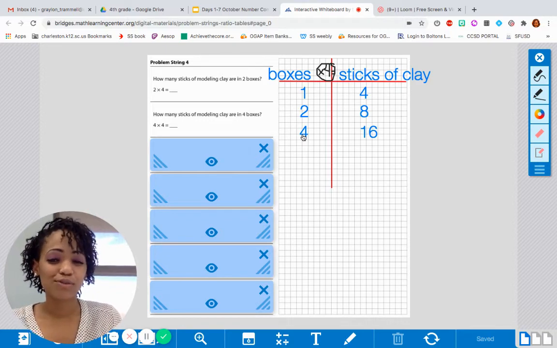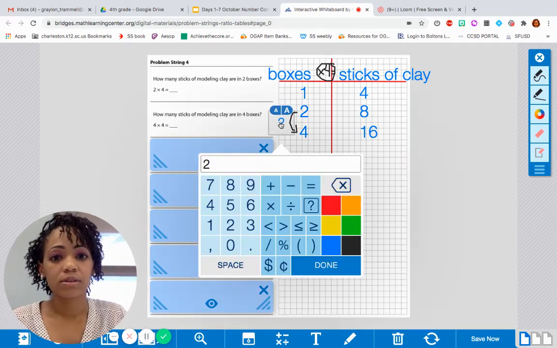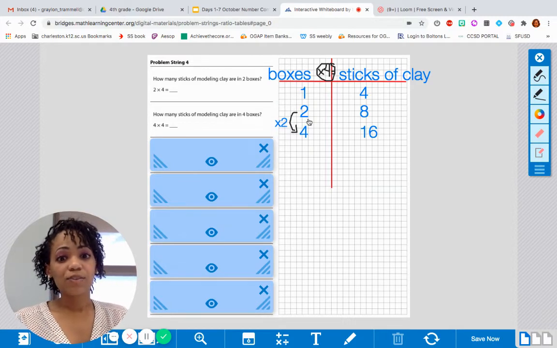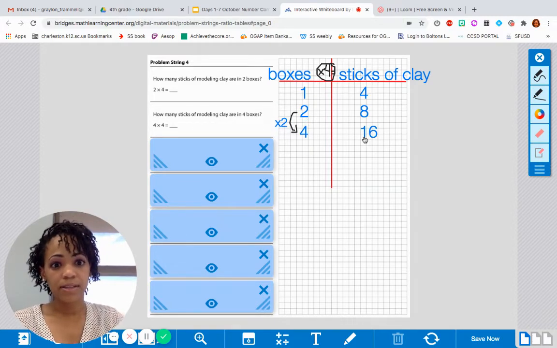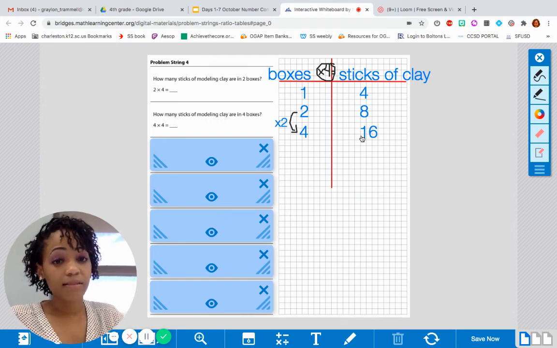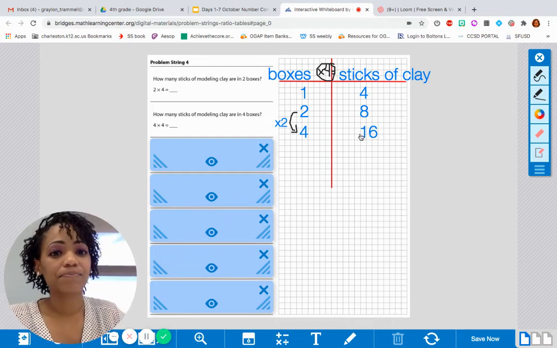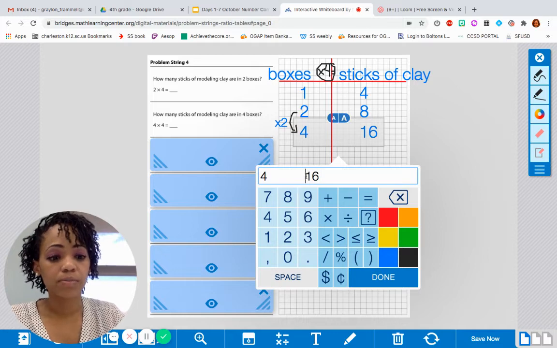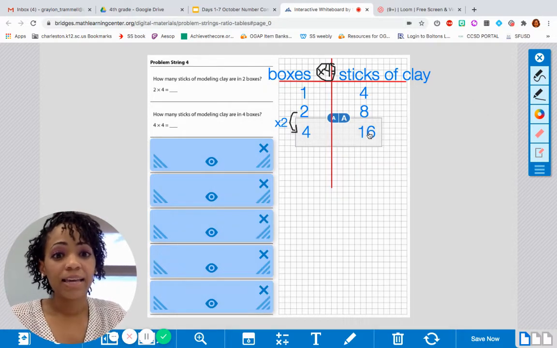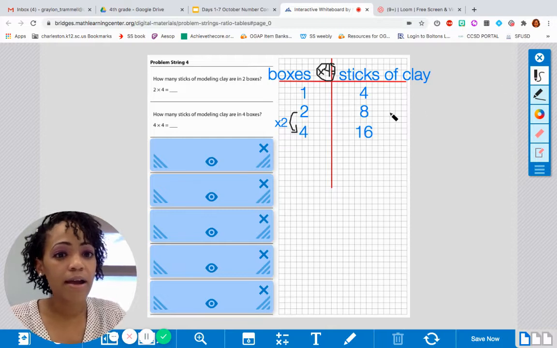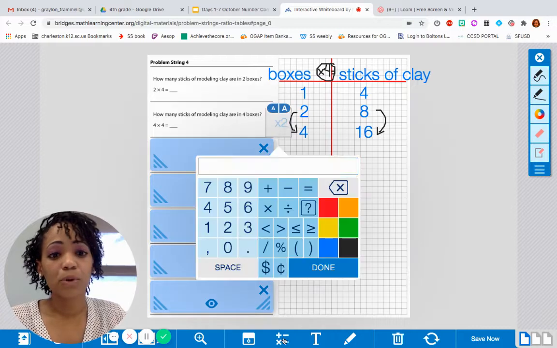What times 2 gives you 4? I did times 2. So maybe I need to write it like this. So if I double this side, what do you think happens on this side? And if you're not sure, think about the multiplicative relationship between 8 and 16. I also multiply that by 2. So I'm going to draw another arrow like this, and I'm going to say I multiply that by 2 as well.